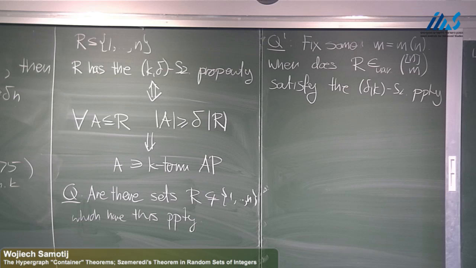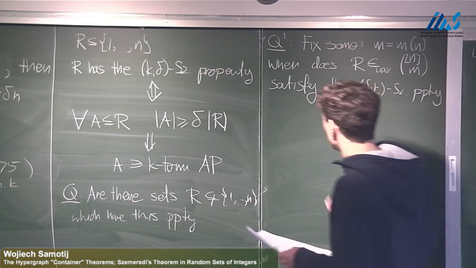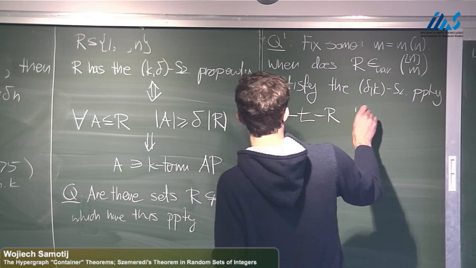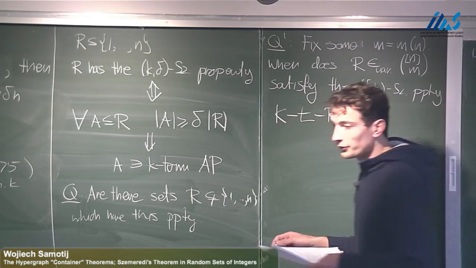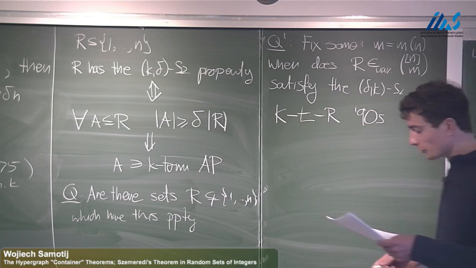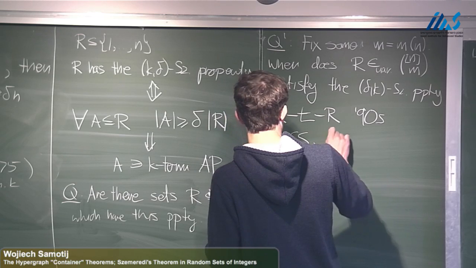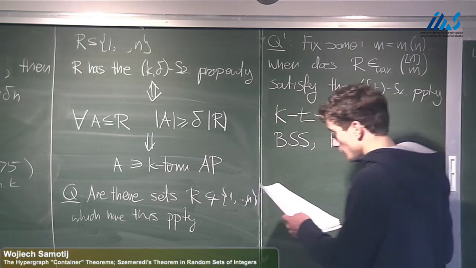People who asked this question first were Yoshiko Hayakawa, Tomasz Wojiech, and Wojta Rydl in the 90s, but similar questions were asked in the setting of graphs also earlier by Babai, Szymonovich, and Spencer, and also Frankel and Rydl.